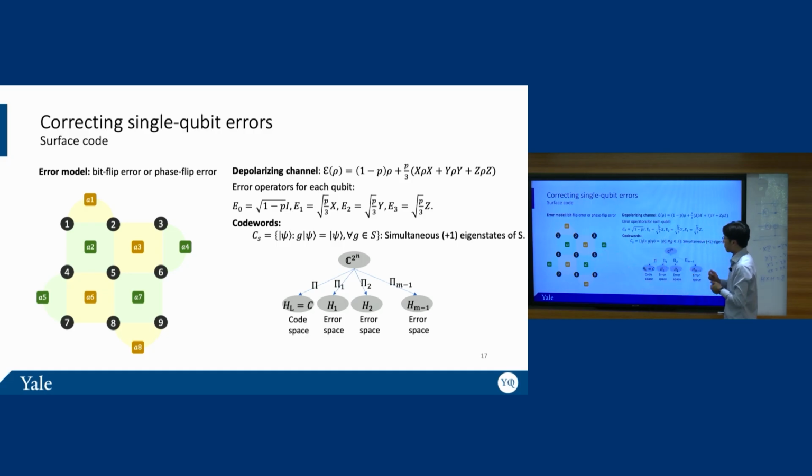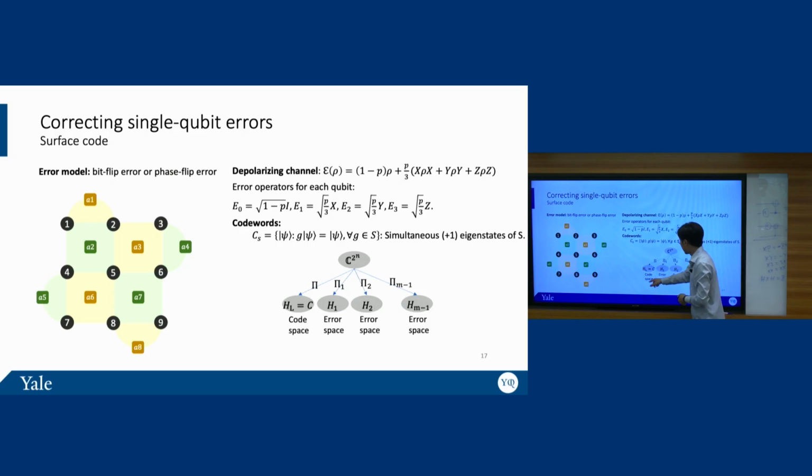So remember, the syndrome measurement is a projective measurement. If the measurement result returns +1, I know that my quantum state is now in the +1 eigenstate. If the measurement result is -1, I know my quantum state is projected to the -1 eigenstate.